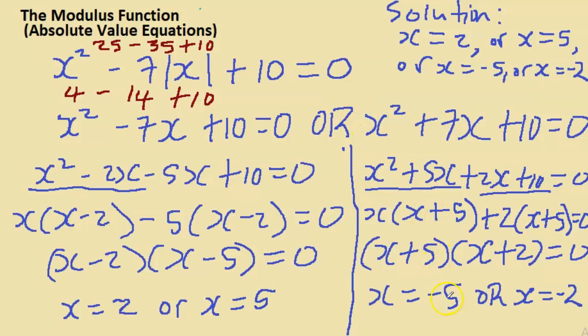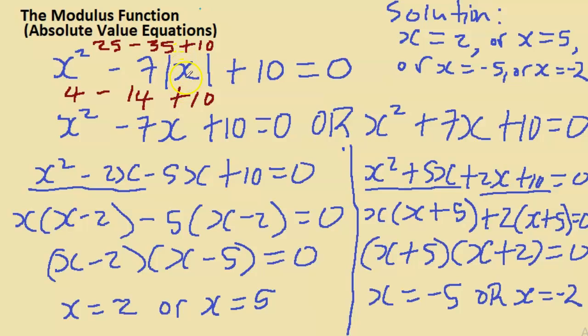And if x is minus 5, the modulus of minus 5 will be positive 5. So it's still negative 7 times 5 you're going to have here, which gives negative 35. And if x is minus 2, this is the modulus of minus 2, which is positive 2. So it's still negative 7 times 2, which gives a negative 14. So whether the x is 2 or minus 2, the modulus of it is always going to be positive 2.